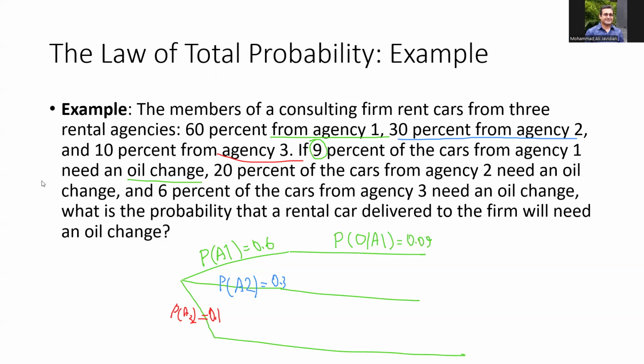The probability of needing an oil change if the car is coming from agency 2 is 20%, which means 0.2, and the probability of needing an oil change when the car is coming from agency 3 is 6%, which means 0.06.